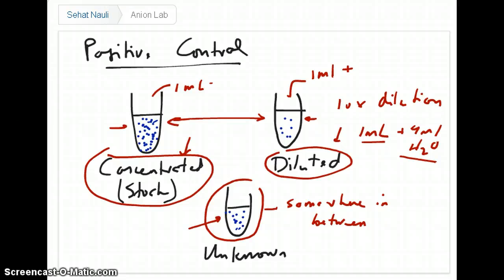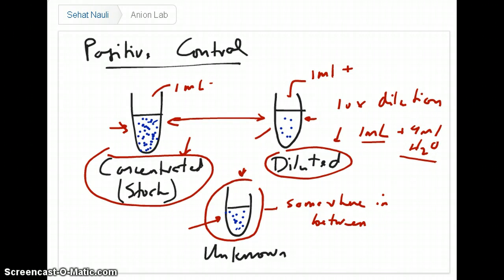So if you've seen those two observations, then you should be able to know what you should expect to see in your unknown. Okay, so that's the whole point of making both of them, because the problem is if you just look at the concentrated and you get something that's a lot less than that, you might think that the anion is not present, but it's actually present because this value looks similar to the dilute sample, for example.